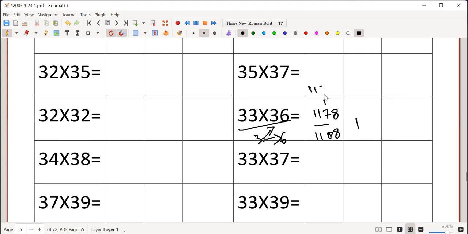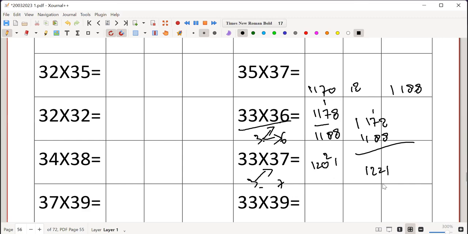So 1070 plus 1080. For that, 179, 80. Here, 3, 7, 120, 21. 1, 2, 2, 1.